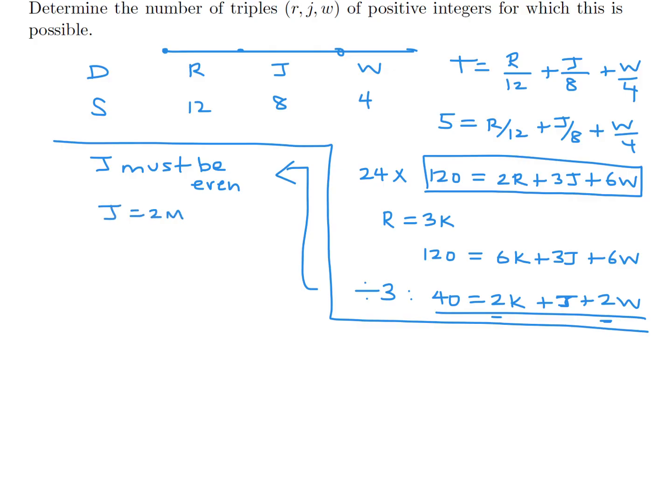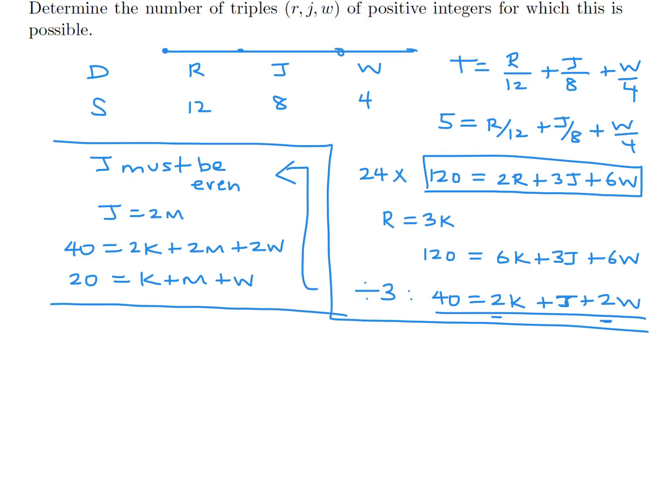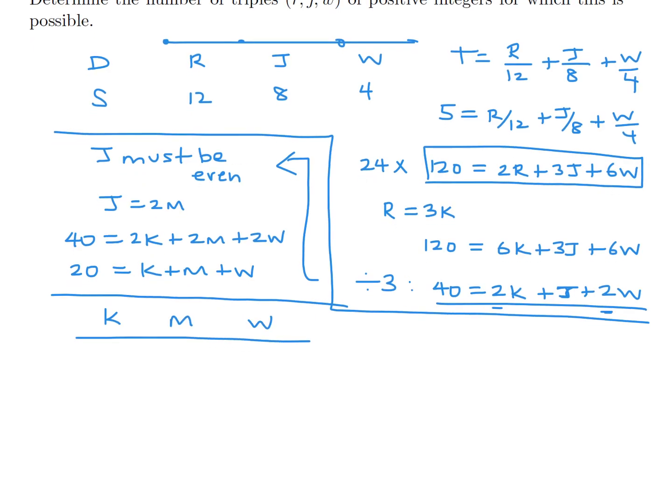So we've got 40 is equal to 2K plus 2M plus 2W. Now we can divide through by 2, and we just have K plus M plus W equals 20. At this point, I think I can make that table and try to figure this out. Okay, so we've got K, M, and W. It's about as simple as I can make it, and everything is valid.